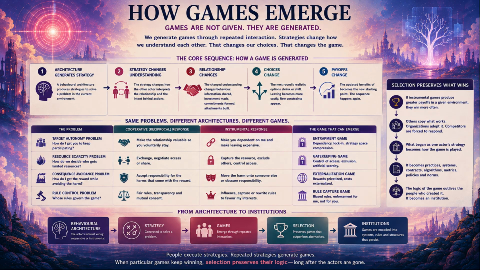So let's, very simple, imagine I want your continued participation in the relationship. A reciprocal solution is straightforward. I make cooperation valuable enough that you voluntarily return. But an instrumental actor can solve the same problem, if you have something that I want. They can solve the target autonomy problem by modeling your vulnerabilities, right? What do you like? What do you dislike?